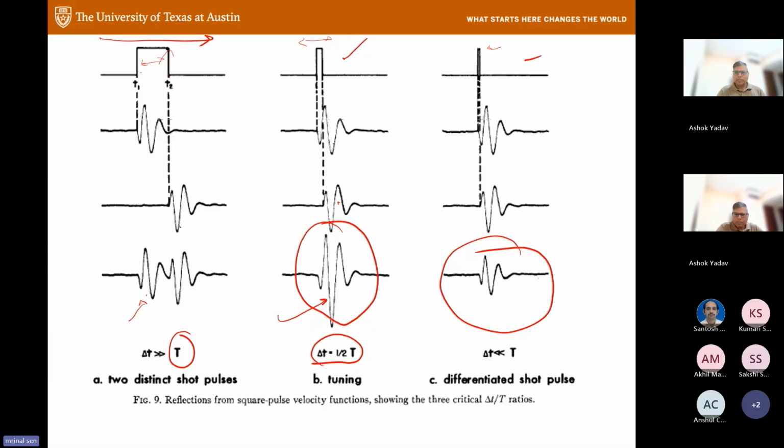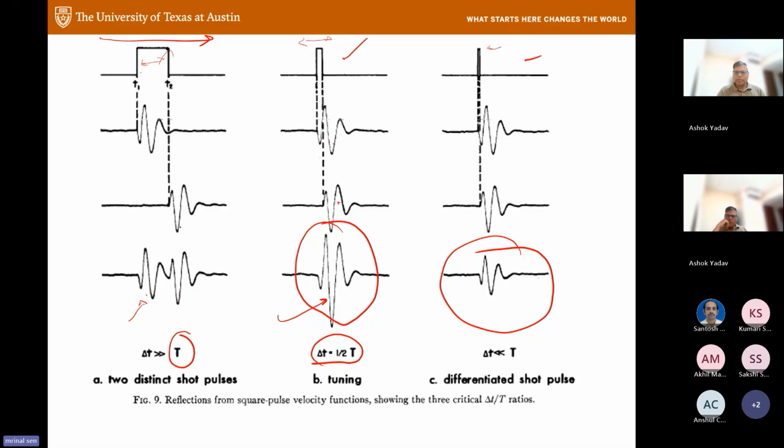I can do the same thing here. The wavelet is never recorded in the field. I think there are only a few cases where they have recorded the actual source time function in the field, but normally it is not recorded. So where do we get it from? A lot of these analyses require that you know the wavelet. Only if you know the wavelet can you essentially talk about different interfaces and different layers.